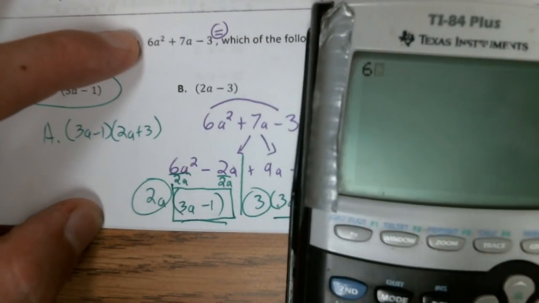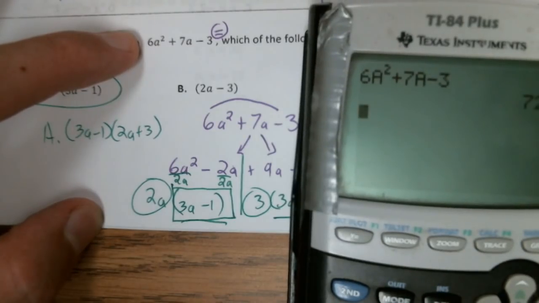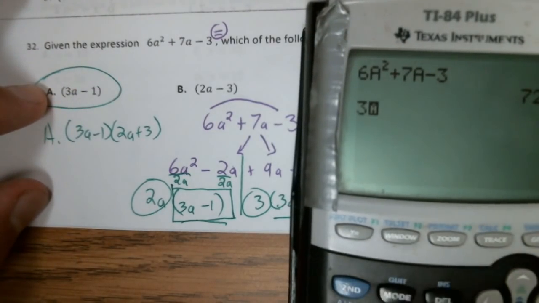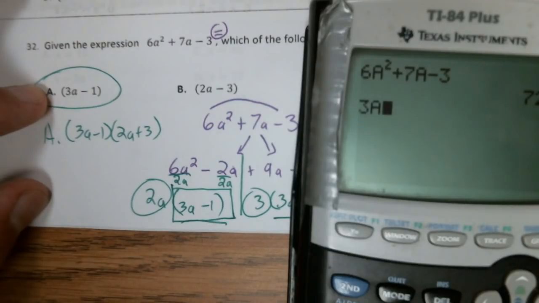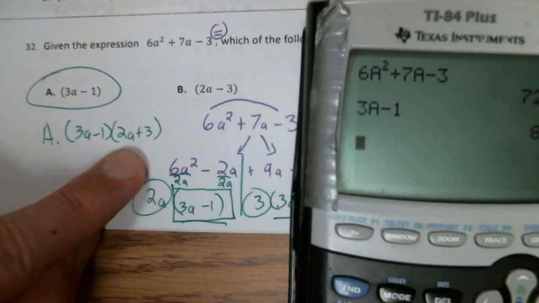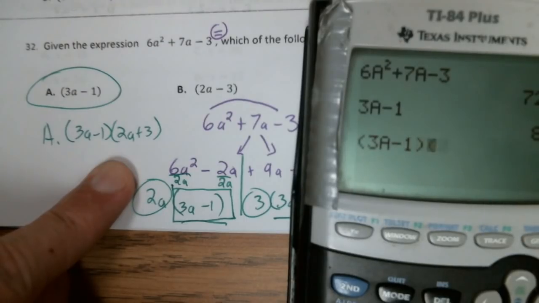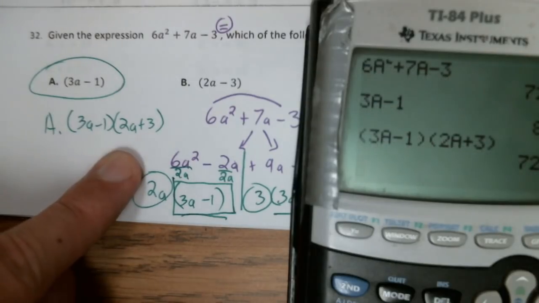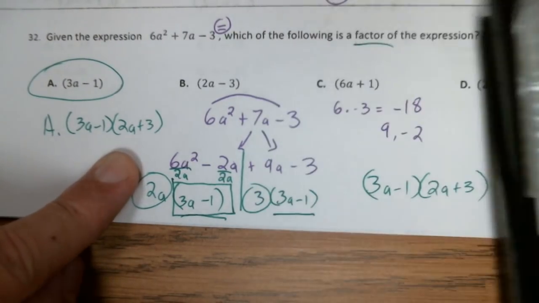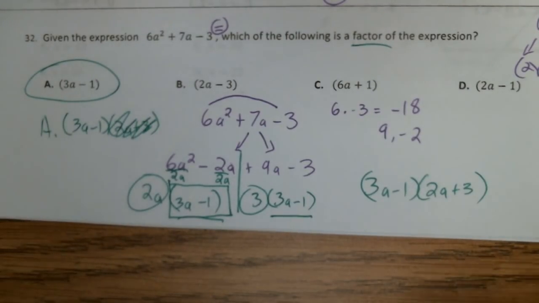I'll just type in 6 alpha a squared plus 7 alpha A minus 3, get a number, and then type in 3 alpha A minus 1 times 2 alpha A plus 3, and they match. Okay, but we can't do that here because our answers only have one of the factors. So in this case, you kind of have to know how to do it. All right. So let's keep going.